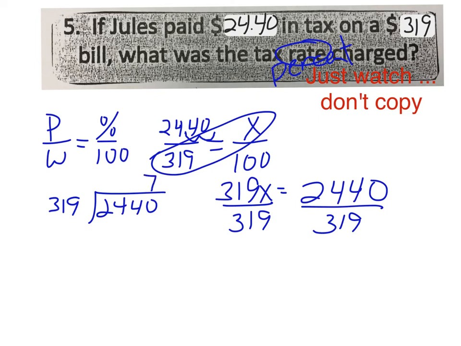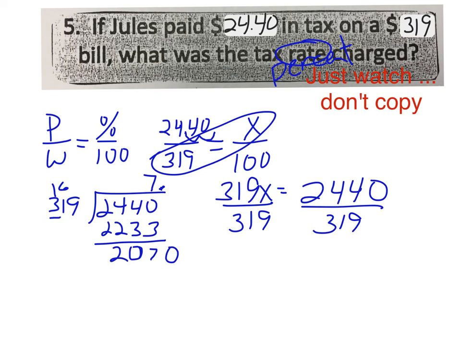So I get 7 up here, 63, 7 plus 6 is 13, 7 times 3 is 21, so that is 2233. I did good. So that is a 7, 0, 2, 207. Add your decimal, add your 0.